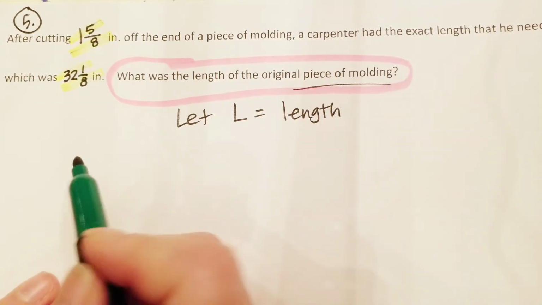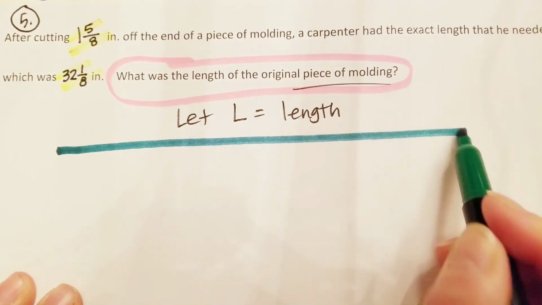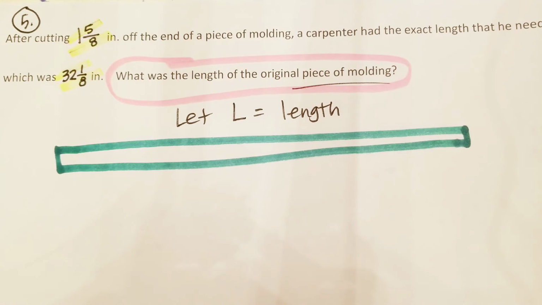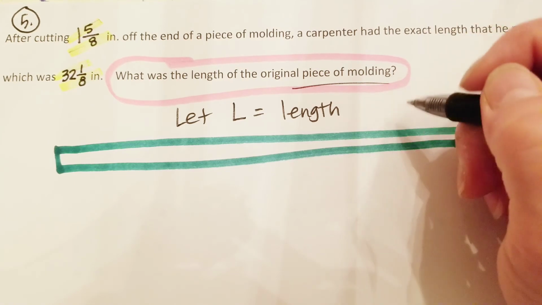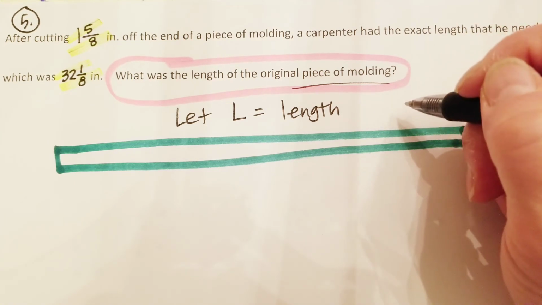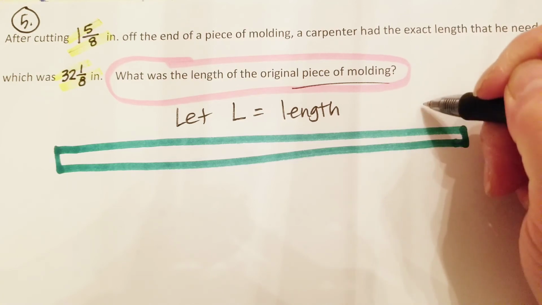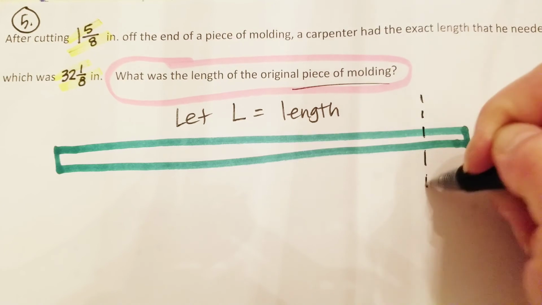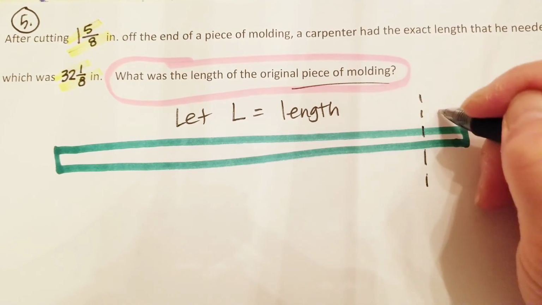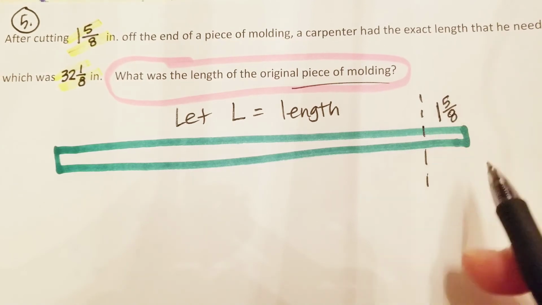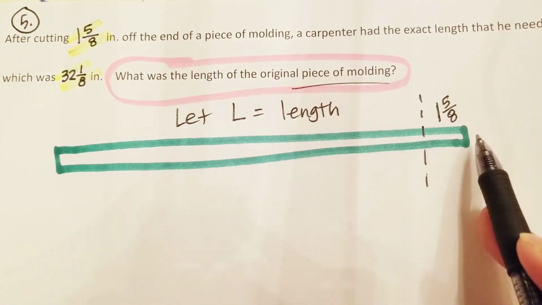And just for a visual, let's draw a piece of molding. We'll just say this is our molding. It says that the carpenter cut 1 5/8 inch off the end of the molding. So let's just guess that he cut right here, 1 5/8 inch off of the entire piece of molding.